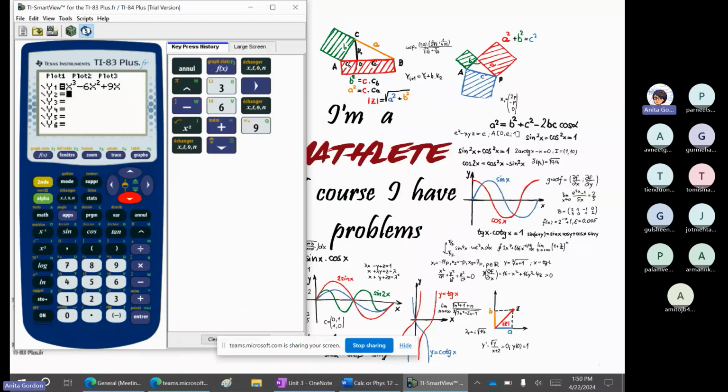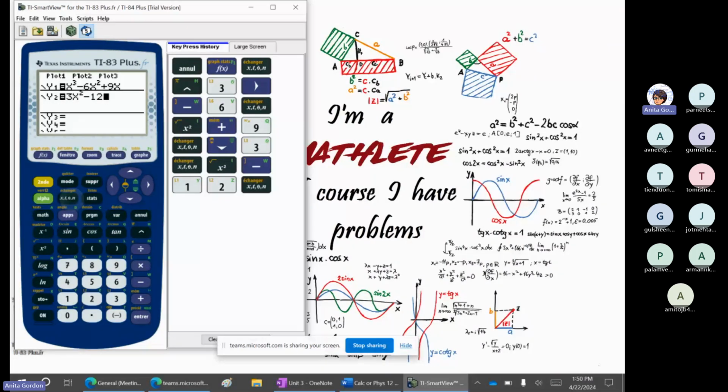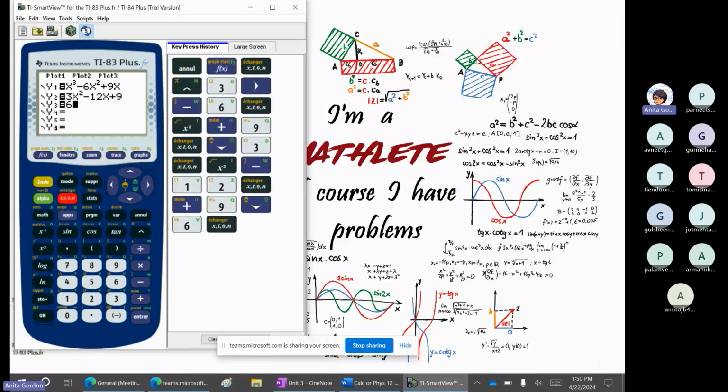And y2, I'm going to write my first derivative, 3x squared minus 12x plus 9. And then I'll have 6x minus 12.